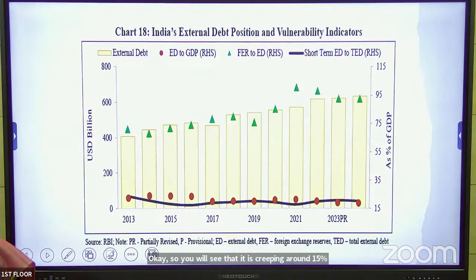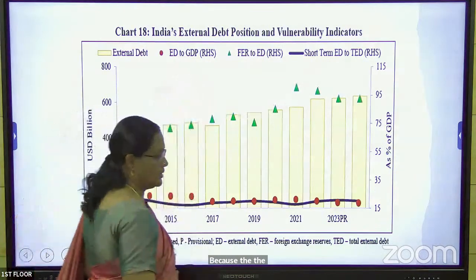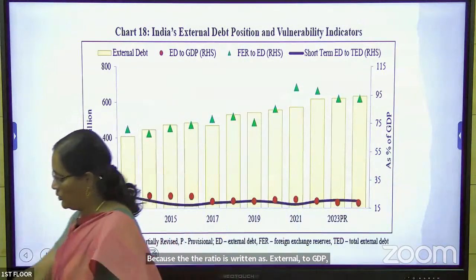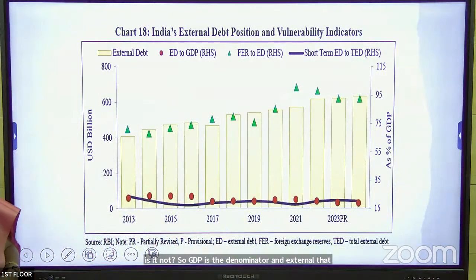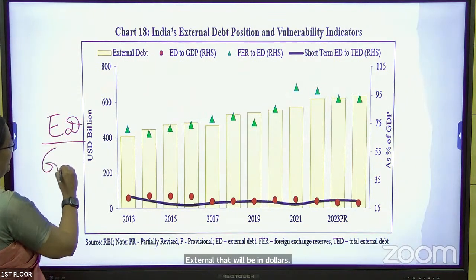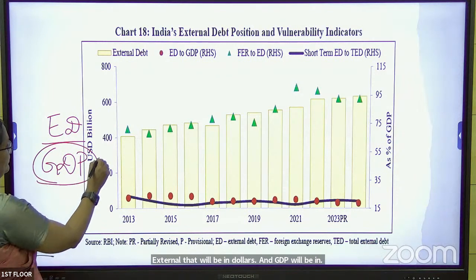But this is not a good indicator for India because the ratio is written as external debt to GDP, is it not? So GDP is the denominator and external debt is the numerator. External debt will be in dollars and GDP will be in what?